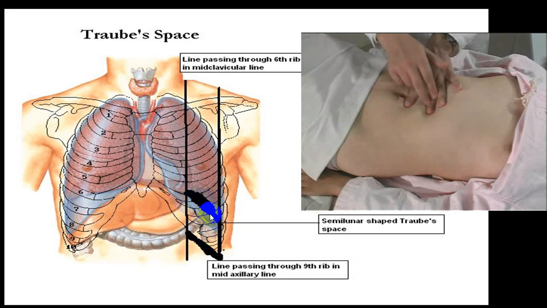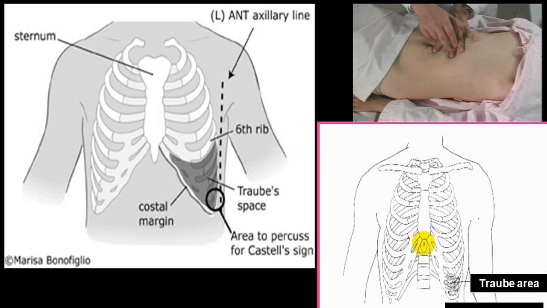This is the space. And behind this space, there is the fundus part of the stomach which contains air. Because there is a good quantity of air, the person will get a tympanic note. So in a normal person, in the Traube space, there is a tympanic note.